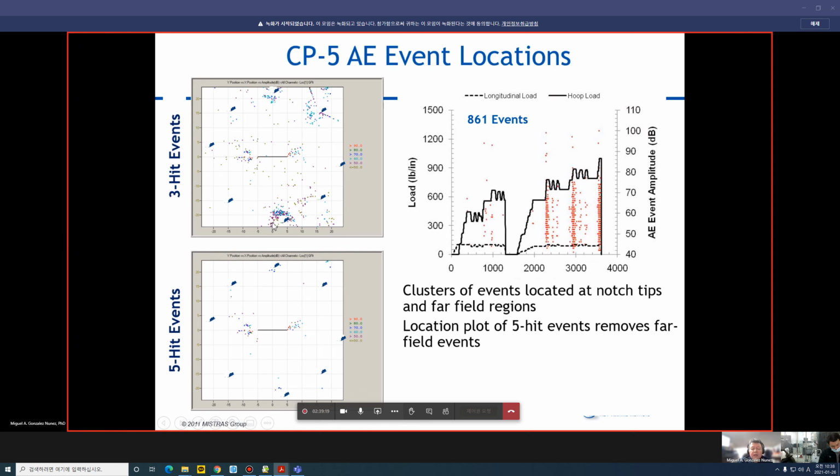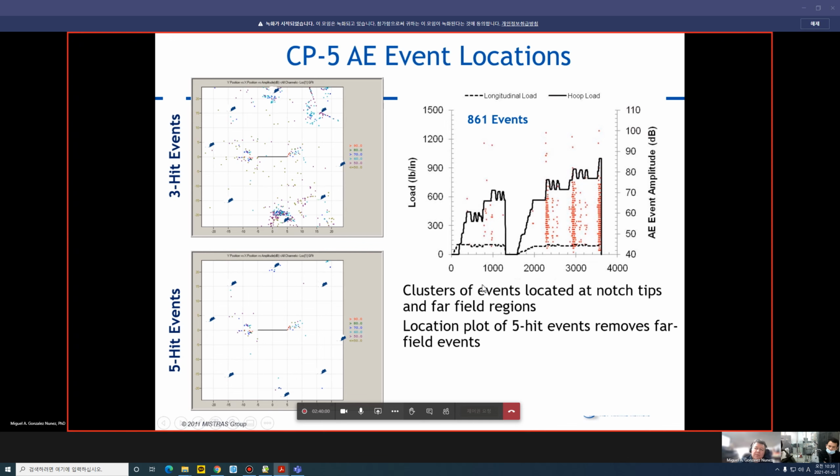But when we increase that to a signal being detected by at least 5 sensors, now what happens is it restricts the location to just where the notch is, where the tips of the notch are. And it removes the far field events located previously.